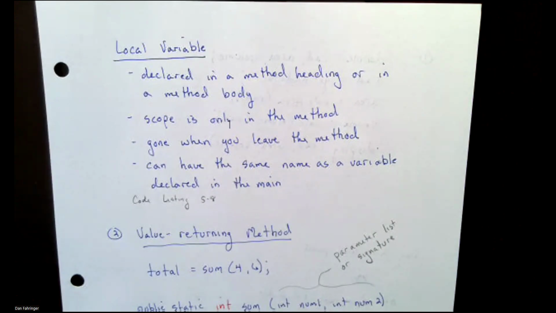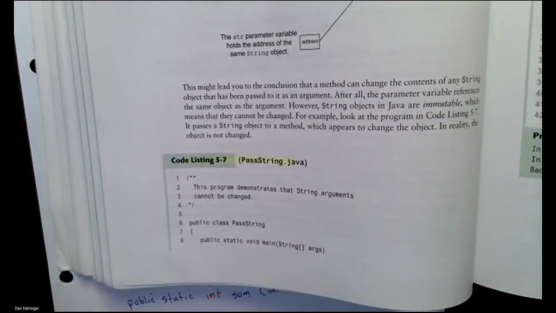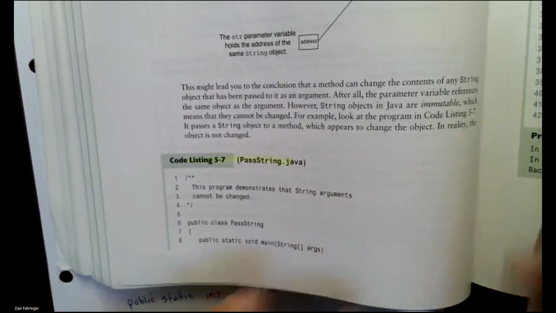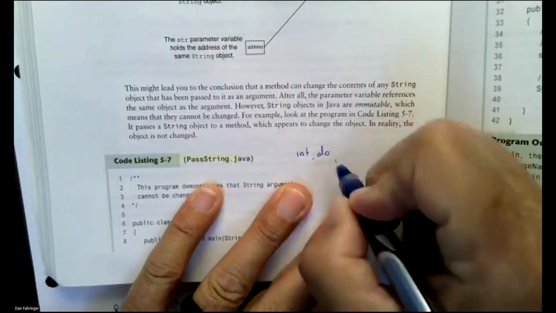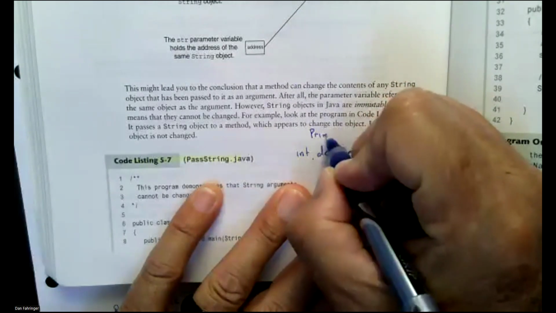Well, let's back up before we go any farther. Let's take a look at code listing 5.7. Code listing 5.7 is important because if you remember, all of my other data types, int, double, all of those were called primitive data types.